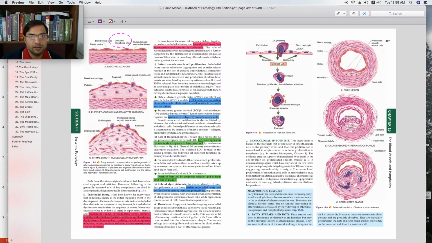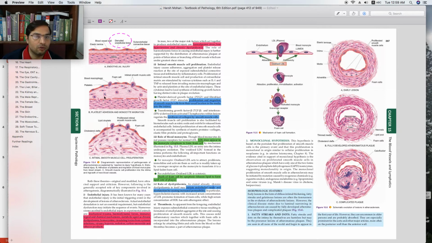These low density lipids oxidize themselves in the monocytes, and that oxidized LDL makes those monocytes into foam cells. So foam cells are monocytes which are filled with lipids, and as soon as the monocyte enters the layer of the blood vessel, it changes itself into foam cells.